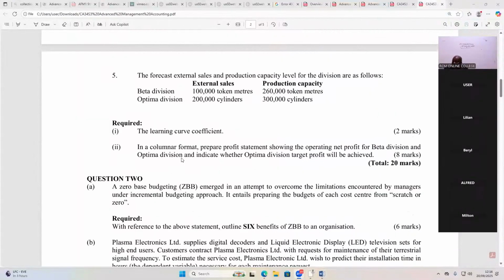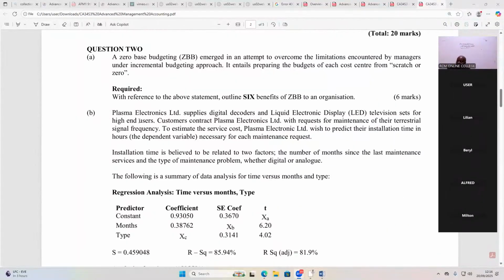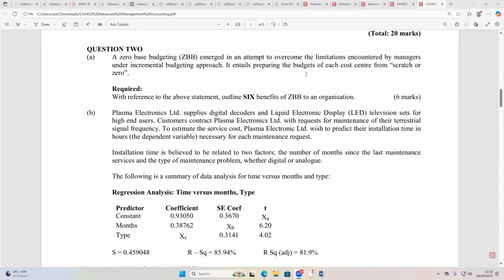Question number 2. Plasma Electronics Limited supplies digital decoders and liquid electronic display television sets for high-end users. Customers contract Plasma Electronics Limited with request for maintenance of their terrestrial signal frequency.